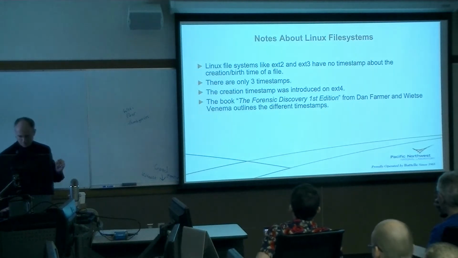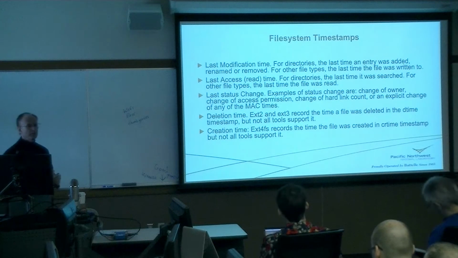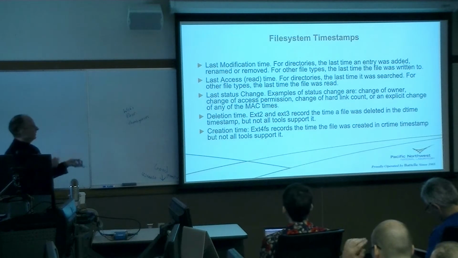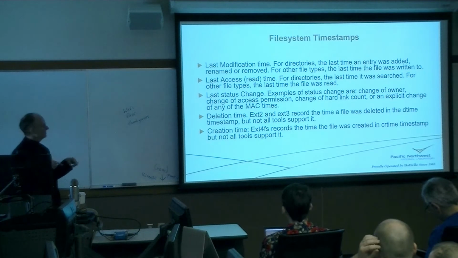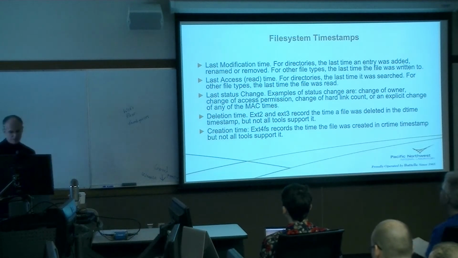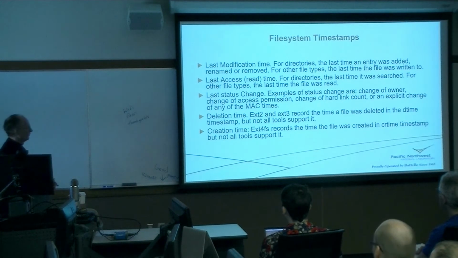It's a good book. A little bit about the timestamps, because we will be talking a lot about time here. When you're talking about a directory, the modification time is when something happened to the directory's entries, like something was renamed or moved. For a regular file, it's when it was last written to.